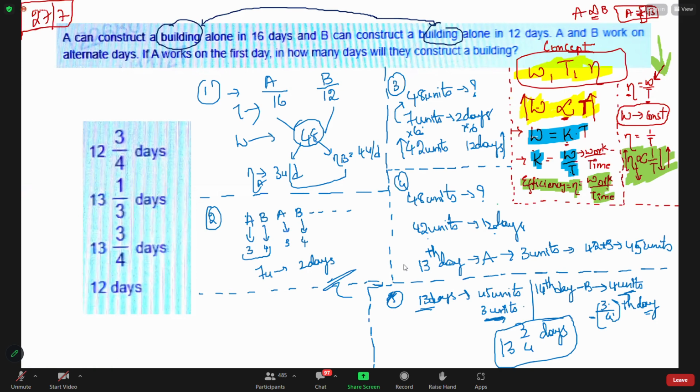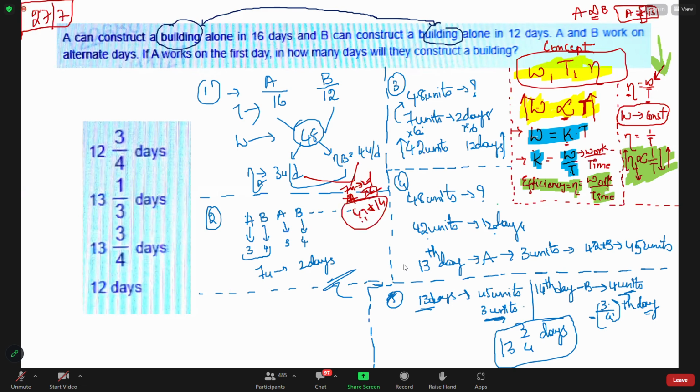I mean, it might look long because I'm writing all the stuff on the screen, but this is really a shortcut. If I were doing an exam and I got this question, after I get this, I'll just write 7 per 2. I'll multiply this with 7. I'll say 49 units could be done in 14 days.